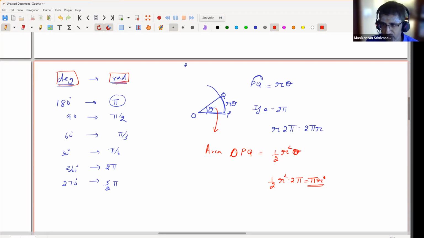In general, going forward for higher studies, radians is the default. When someone says sine 30, they wouldn't mean sine 30 degrees, unless it's a silly mistake. They would mean sine 30 radians. Of course, it's tempting to check with them whether they mean degrees or radians, but in general, when they say sine alpha, alpha is in radians.